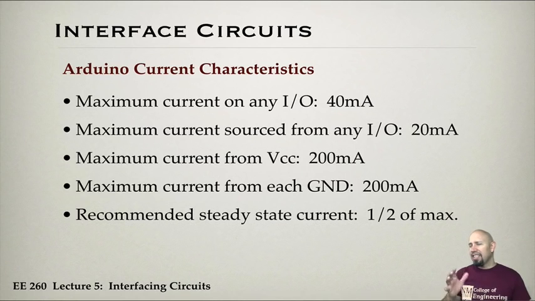Okay, so it's kind of interesting when you think about how current arises in circuits. Again, Ohm's law still applies, but it's not always obvious to see what the voltage source is, what the resistance is, and so forth. So the critical thing here is that you can actually have more current allowable than you can actually put out. In particular, this really occurs when you have a digital pin that you've set high. That's as much as you can expect to get out.